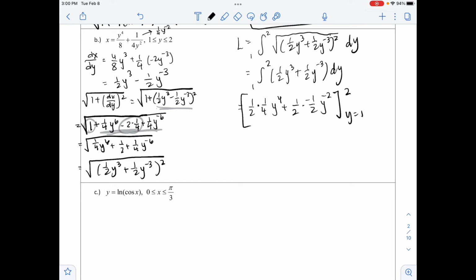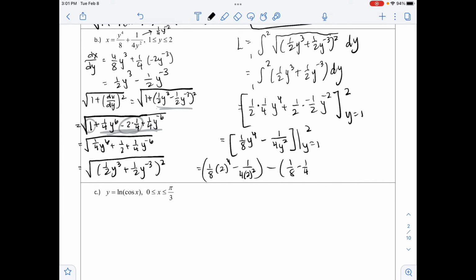Cleaning this up a little bit before we evaluate it, we end up with 1/8 y to the fourth minus 1 over 4y squared. And again, this is evaluated from 1 to 2. So first substituting in the 2's, we end up with 1/8 times 2 to the 4th minus 1 over 4 times 2 squared, minus, and then substituting in 1, we have 1/8 minus 1/4.